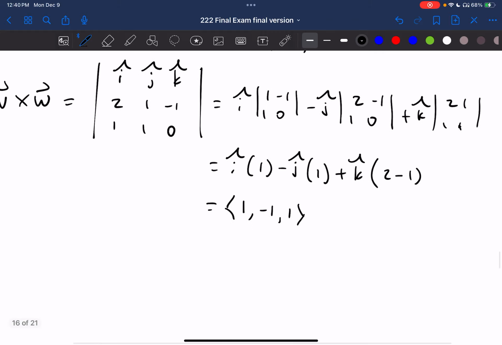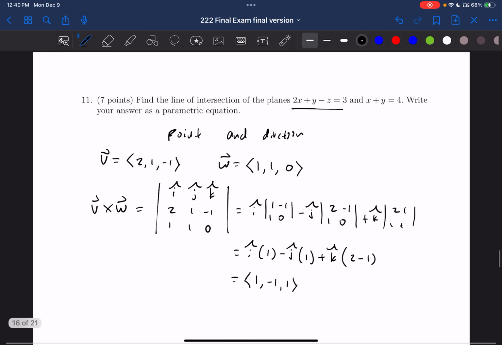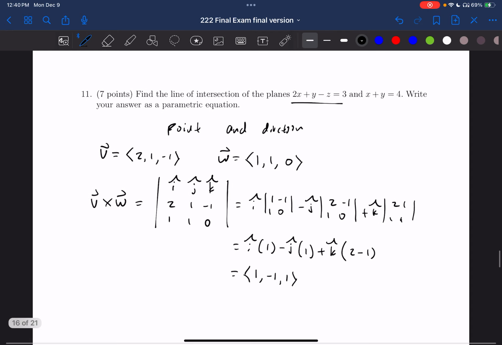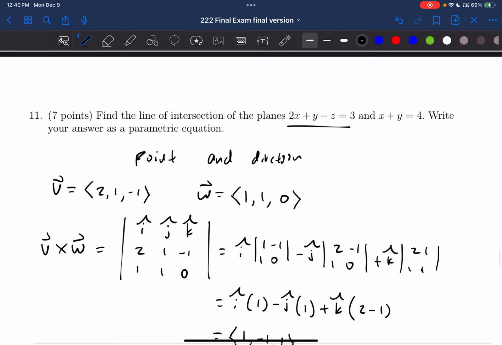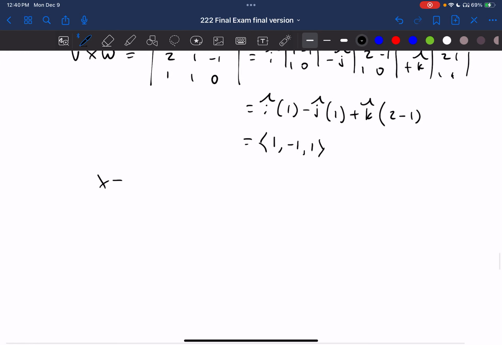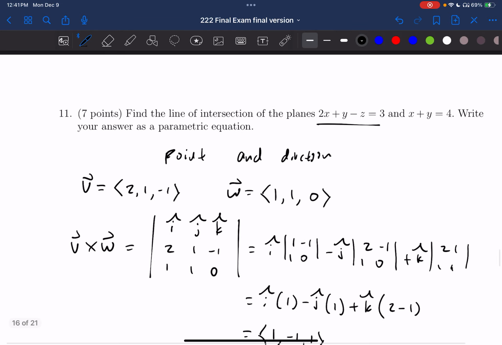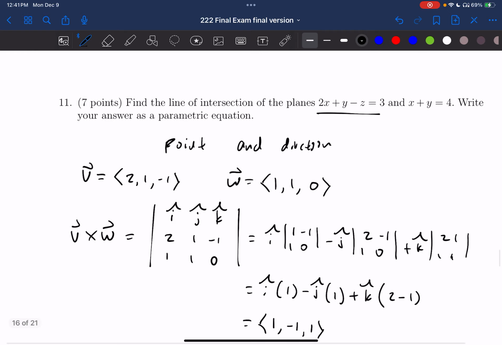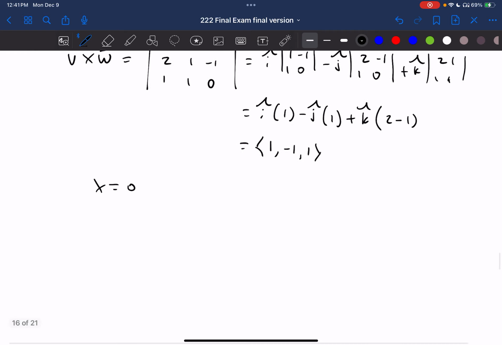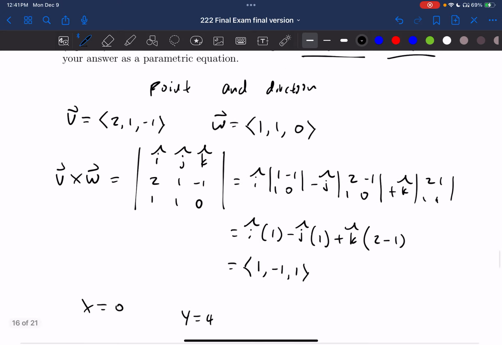So we have a direction vector now. Now we need a point. How can we find a point? A point of intersection. Let me think. Let's say we set x equal to 0. Where will they intersect if x is equal to 0? When x is equal to 0, look at the second equation: y will be equal to 4.